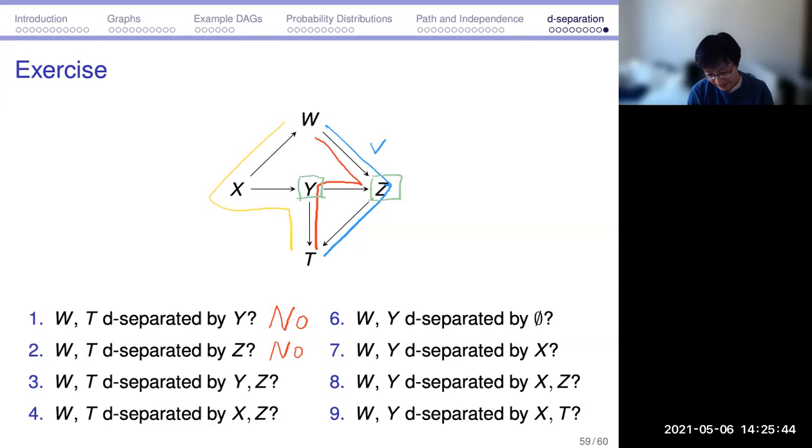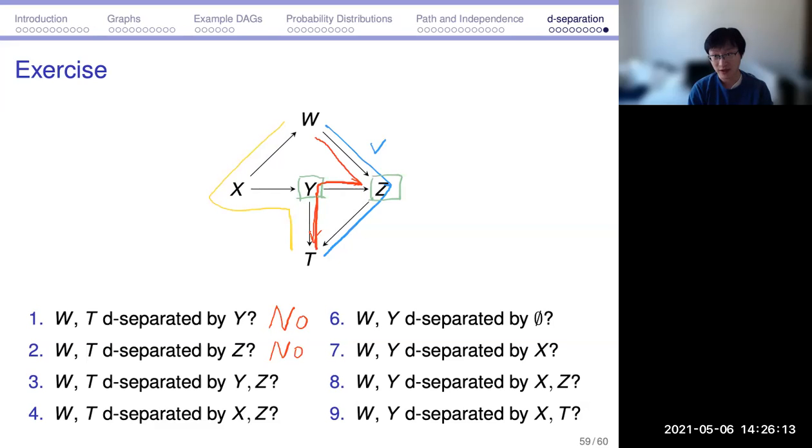For the red path, we have just seen that if we only condition on Z, it's not good enough. But using the definition of d-separation, or blocking a path, because we have this fork structure in this red path, and we're conditioning on the origin of the fork, here variable Y, we are blocking the path.